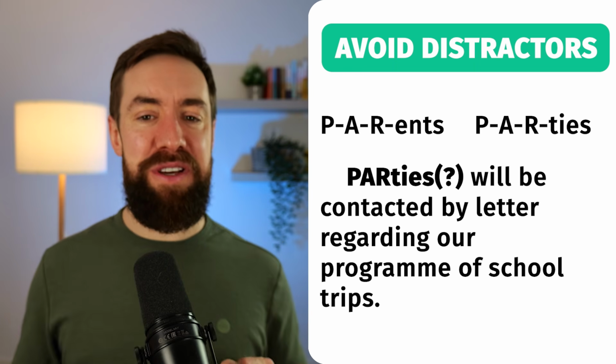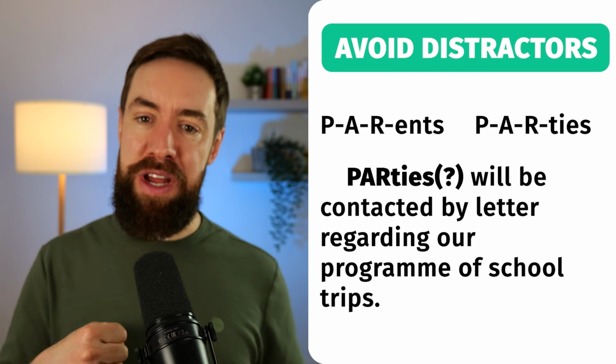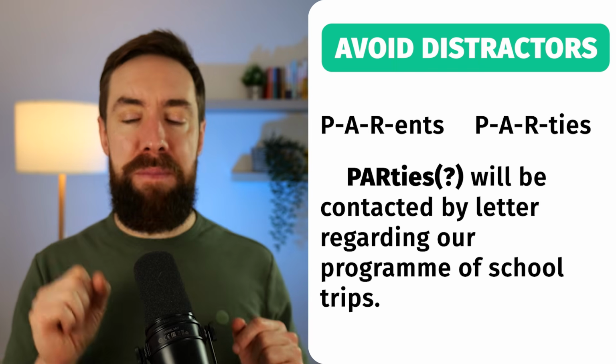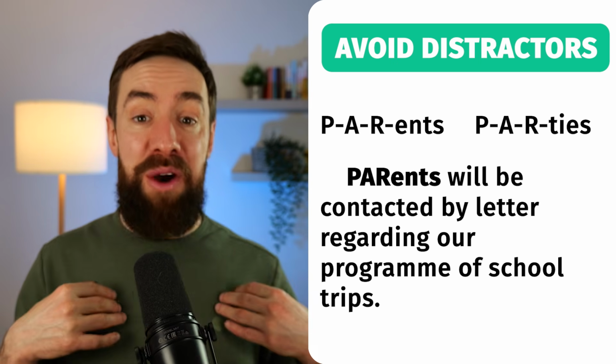Particularly if we look at school, contacted by letter about school trips, we know actually it's not parties, it's parents. But this is right now when we're just talking calmly. In the exam, you're going to be a lot more nervous. You only have 20 seconds. So something like this may be a little bit tricky. So be very aware and very careful of distractors.